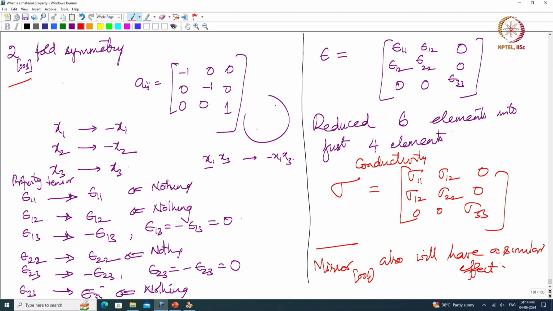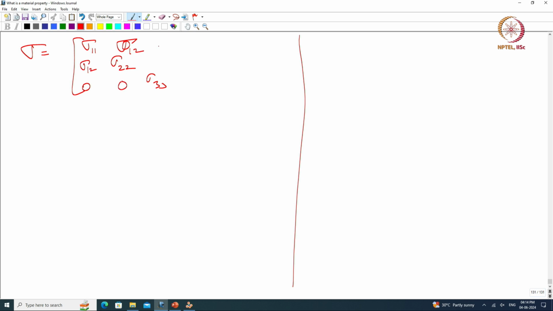Okay. So, here you go, right. So, I go back to my conductivity tensor, which is sigma 1 1, sigma 2 2, sigma 3 3, sigma 1 2, sigma 1 2, 0 0 0 0. All right. So, I am back again to the discussion that I did when I was discussing Hall conduction.